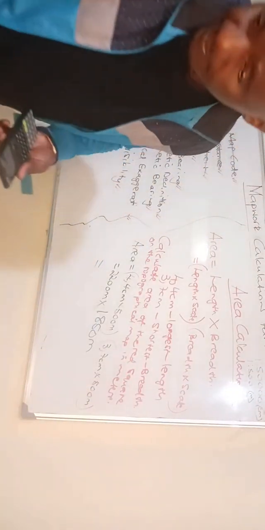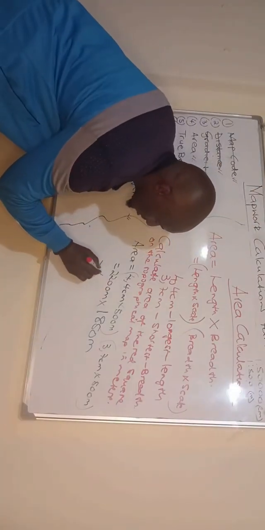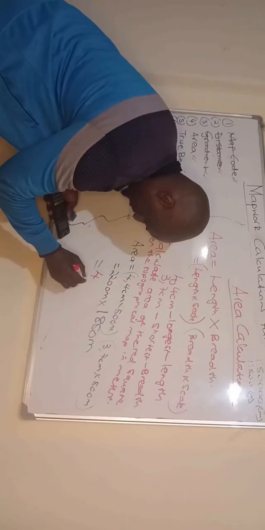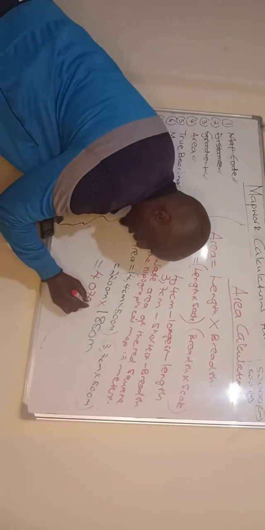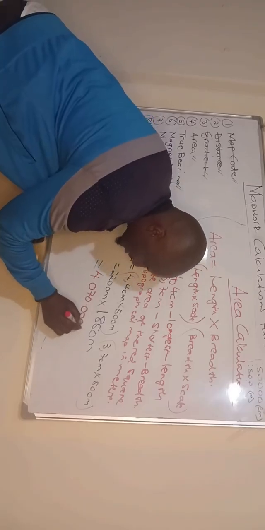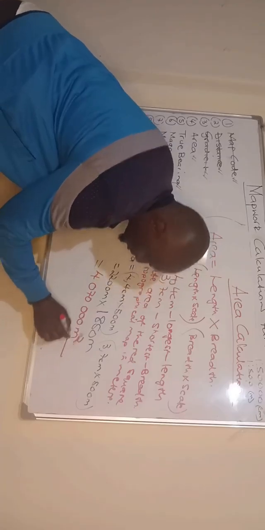So we have got 4,070,000, and this is always squared. Remember, this will be our answer.